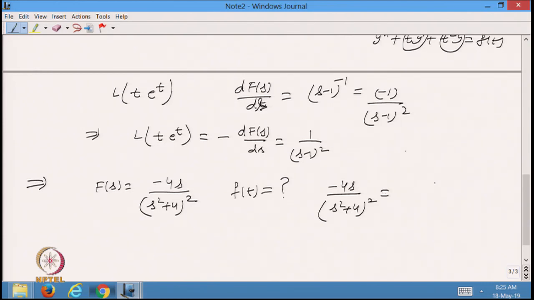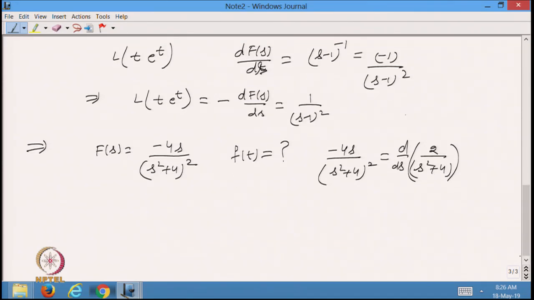Just check that if I take s square plus 4 and try to find the derivative of this one. So, let us take the derivative. If I take the derivative, this will be 2, and then (s square plus 4) to the power minus 1, and then d by ds.